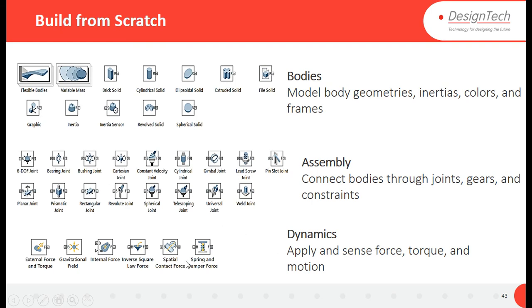Dynamics means from where you are going to provide the force, since your robots will have some kind of motions. So we have sense, force, torques and motion libraries available here to build from scratch.